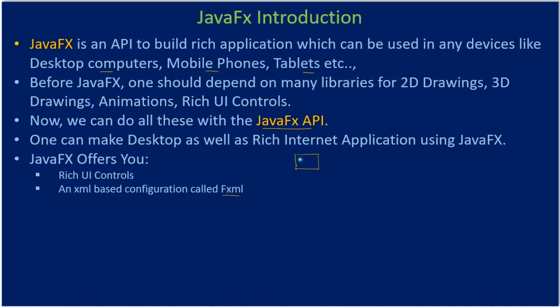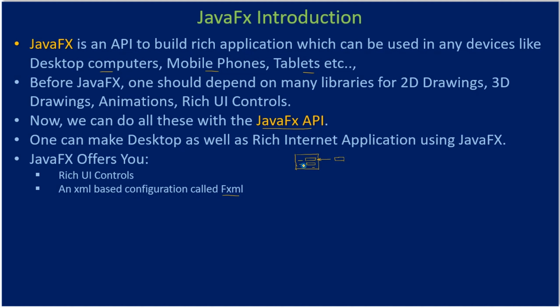Let's say it contains a label, username, then a text box, and one more label and a text box for a password, then OK and cancel buttons. Let's say when the username doesn't exist, the text box will render something in red color. So all this stuff you can keep in the FXML.